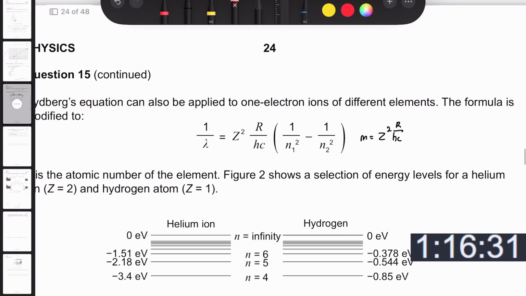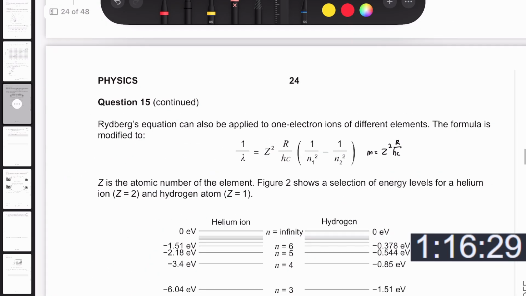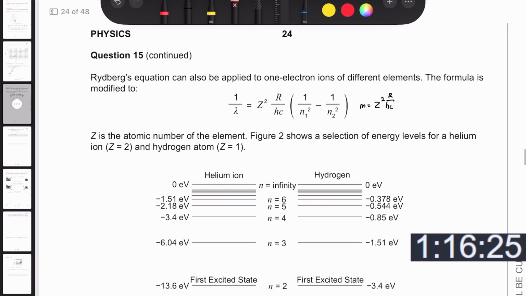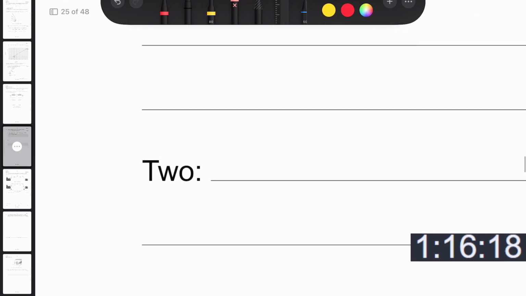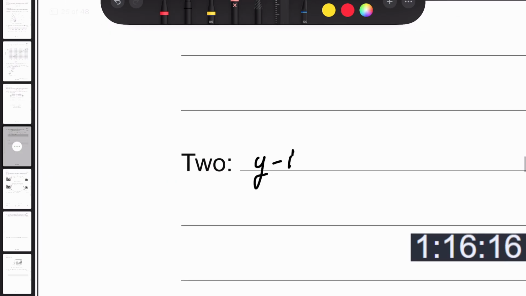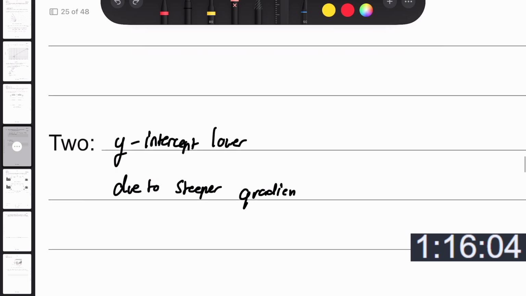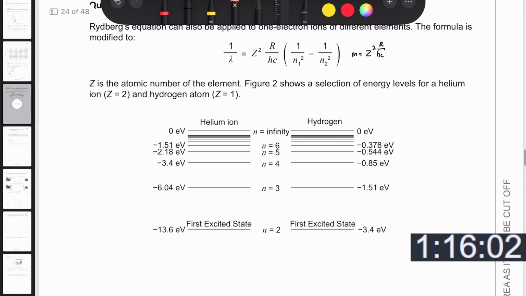So I have a higher gradient, so y-intercept lower due to steeper gradient. I don't think I'm going to get that mark though. Not exactly sure what else they want me to say.